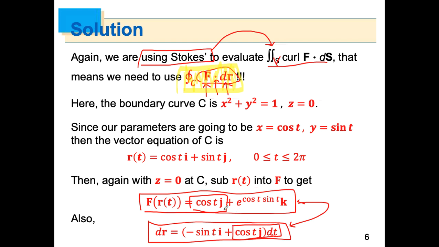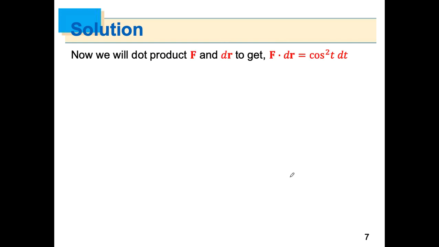Since they don't have an i term in common, that's going to be 0, so that goes away. And they don't have a k term, so that's e to the cosine t sine t times 0. So those are going to go away. You simply have cosine t times cosine t, which gives you cosine squared t.